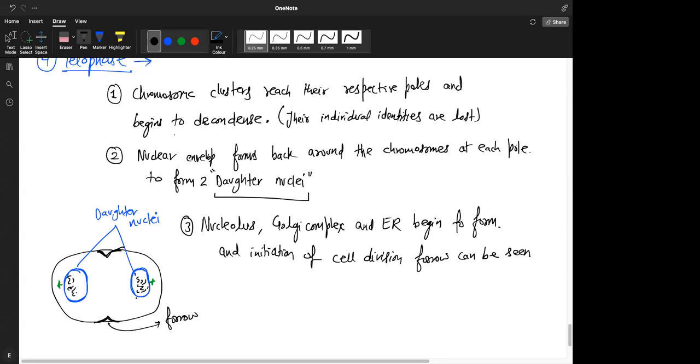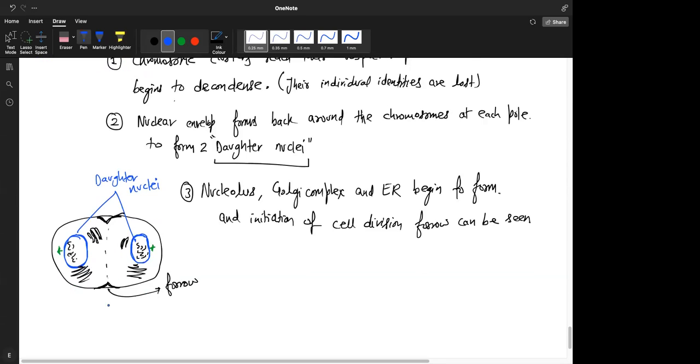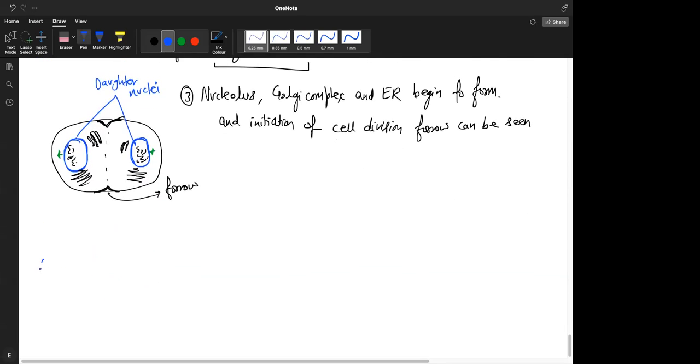And you will see that these types of structures, ER, Golgi, will start appearing on both the sides, and the cell finally will divide from the center. Karyokinesis is finished. Now the last part is cytokinesis.